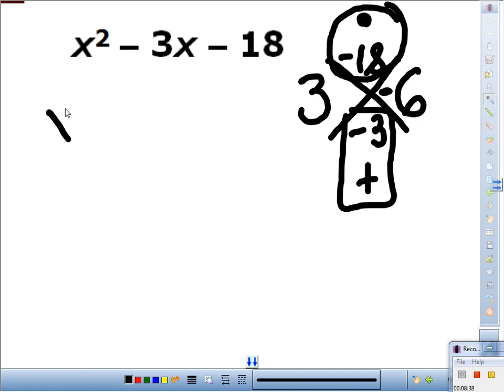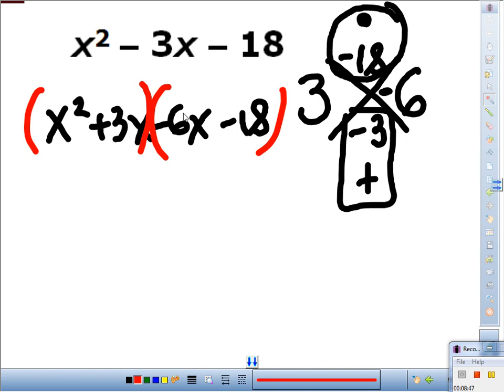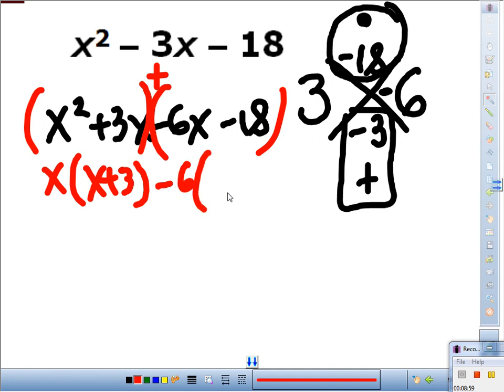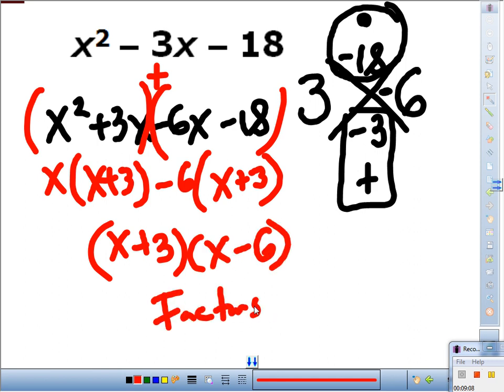So therefore, x squared plus 3x minus 6x minus 18. Group. GCF here is x plus 3. GCF here is -6, x plus 3. So our factors are x plus 3 and x minus 6. These are my factors. Hands if you got that. Okay, good. So far so good?